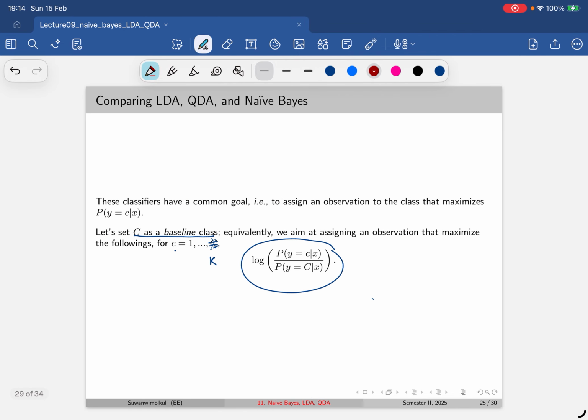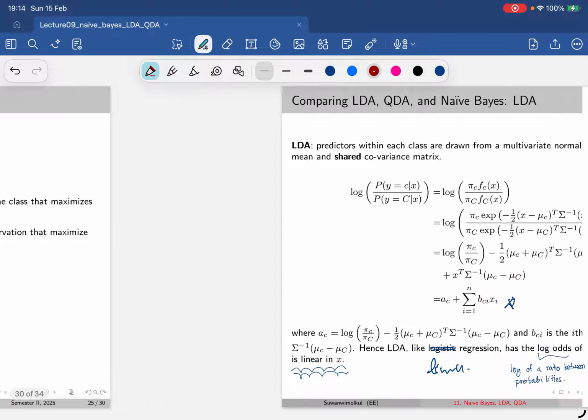The rest of that is providing an example of how you may compute the decision boundary for each type.